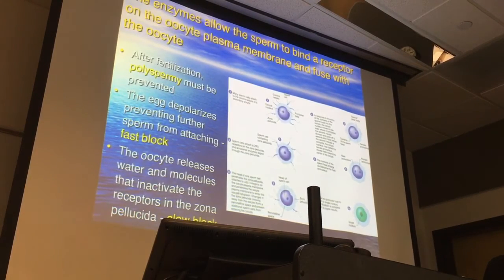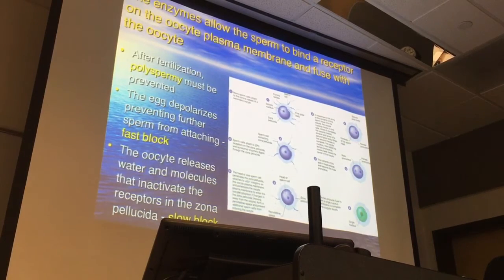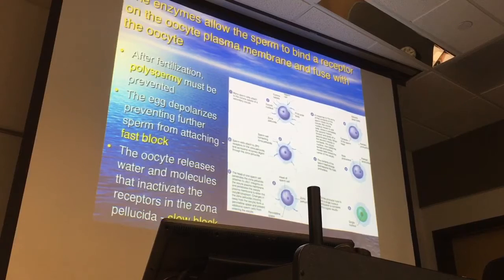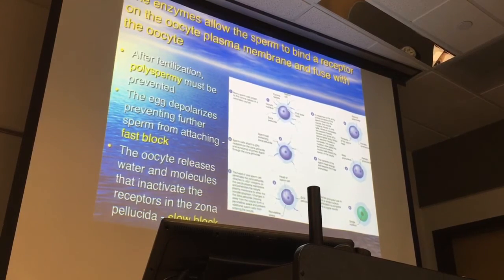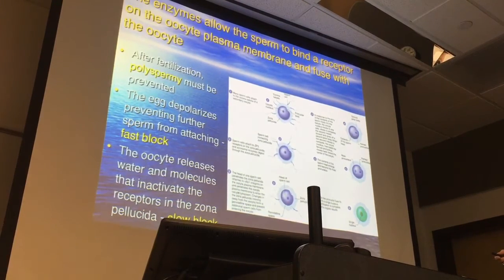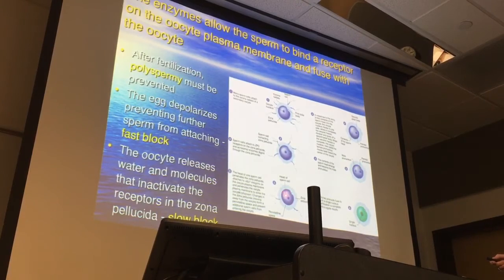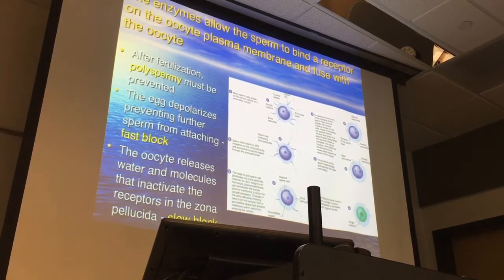So that is what happens. Okay? We now have fertilization, and that would be right here. The one sperm has now made contact. Okay? The sperm head is the only thing that goes in. It's going to form a male pronucleus.